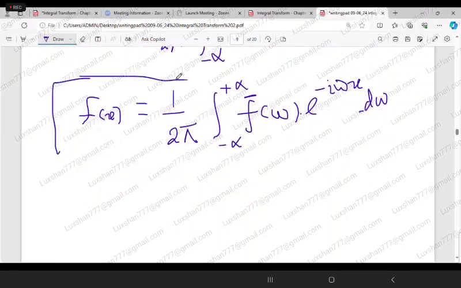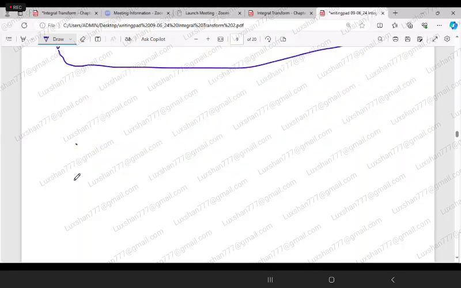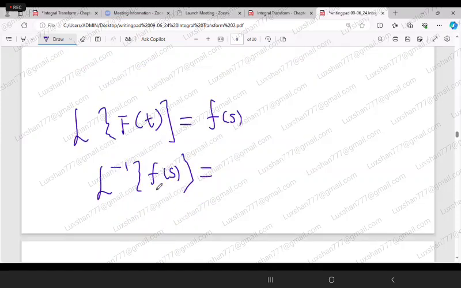Can anybody tell me what this is? If you remember, if the Laplace transform of f(t) equals F(s), then the inverse Laplace transform of F(s) is equal to what?